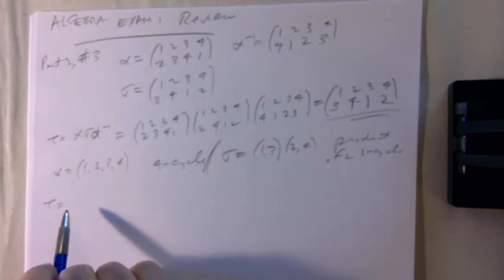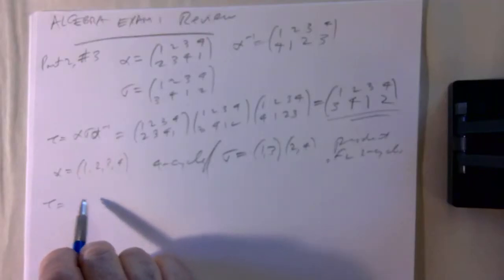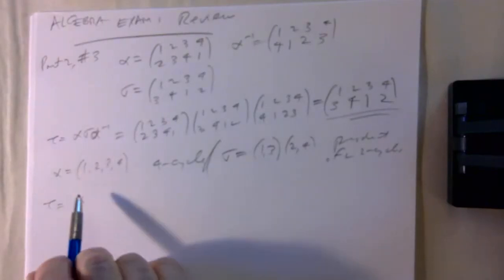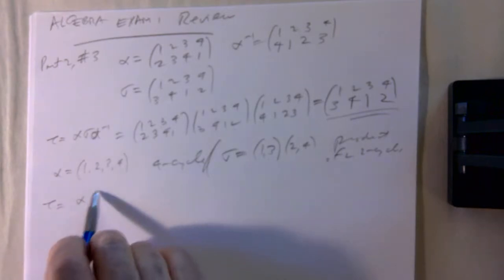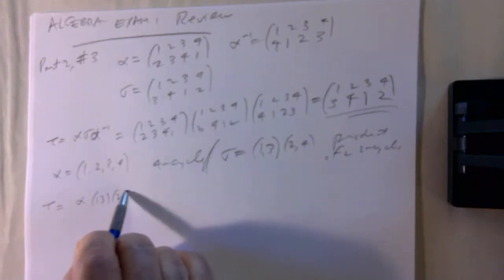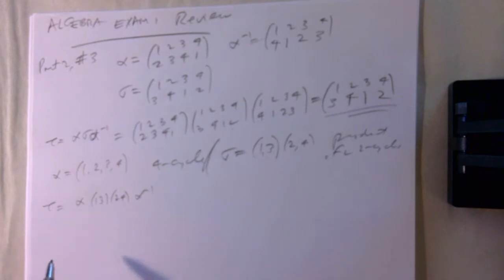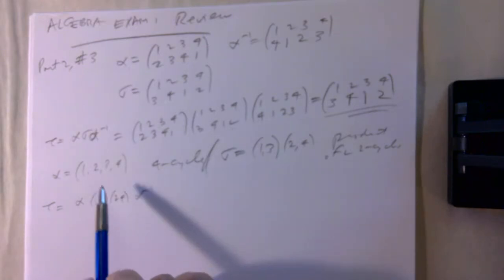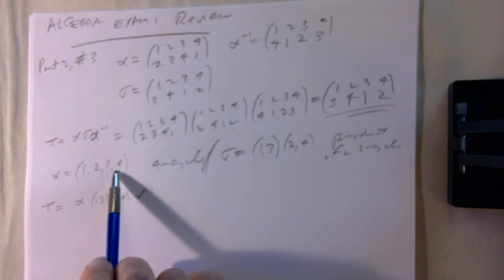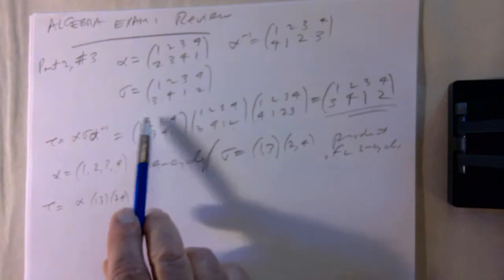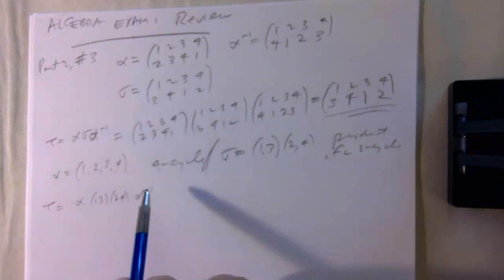So tau, which is alpha sigma alpha inverse. So this is also alpha. What is sigma? Sigma is 1, 3, 2, 4. Alpha inverse. Let me just double check that I didn't do anything wrong. So alpha is 1, 2, 3, 4. And sigma is 1, 3, 2, 4.